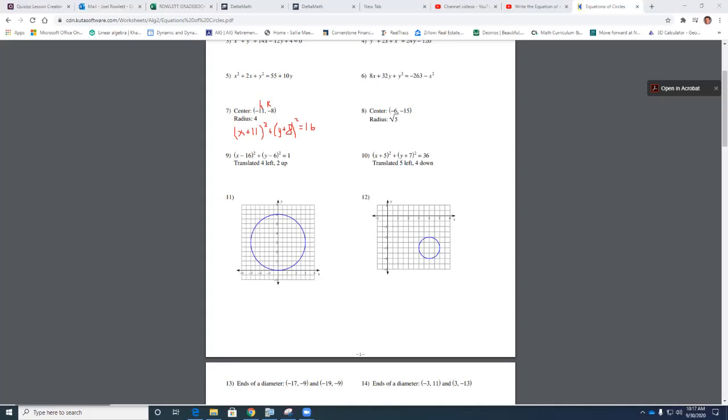Let's look at number 8. Here the center is also in the third quadrant. It's at -6, -15, and the radius happens to be the square root of 5. Okay, so going back to the formula, this has to be x minus -6, which is x plus 6 to the power of 2.